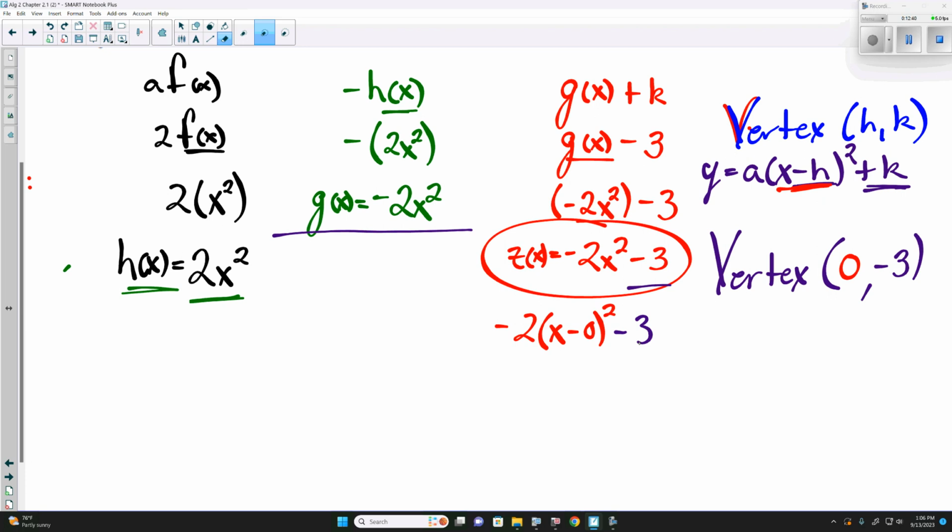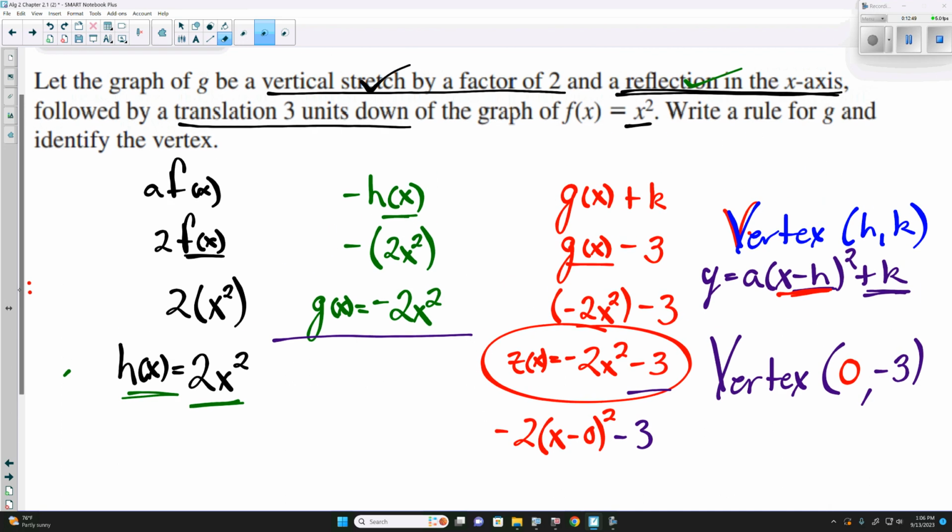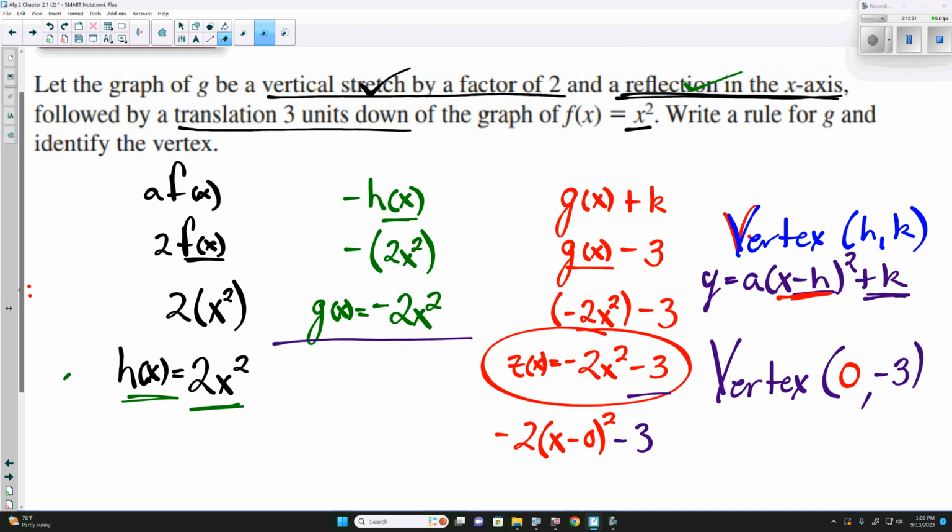We could write it that way. We don't have to. It doesn't add anything to it. But it is showing that the h value is 0. Any other questions on this here? You ready for the next one?